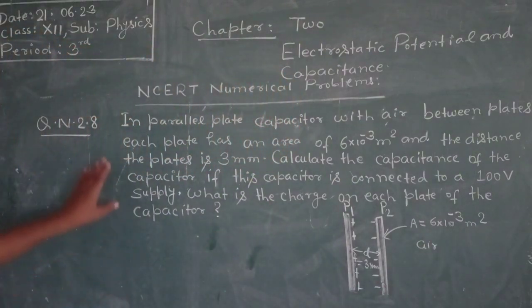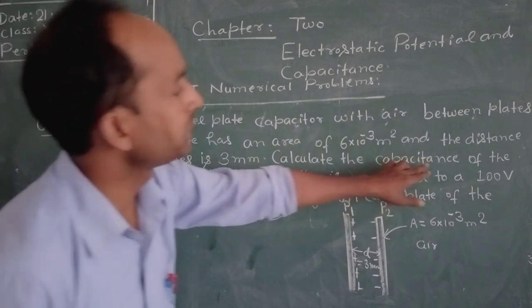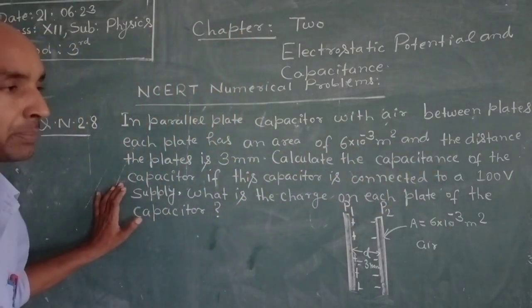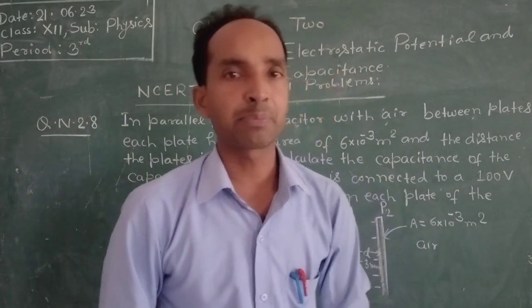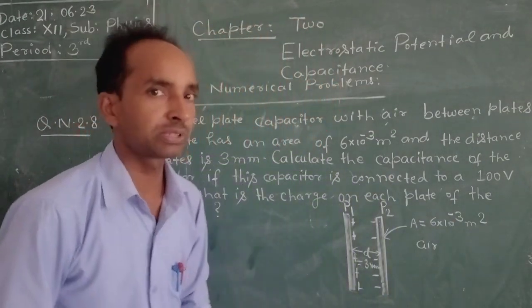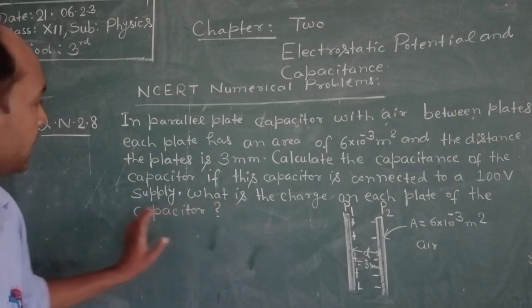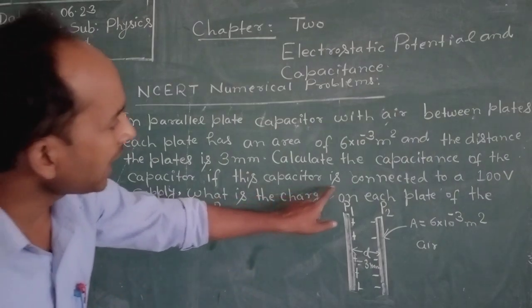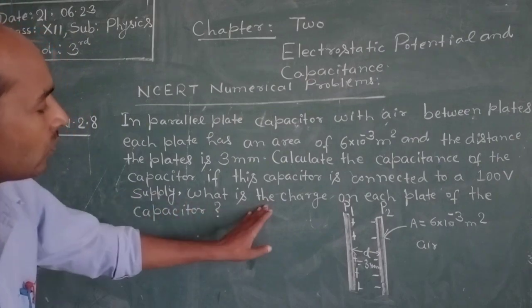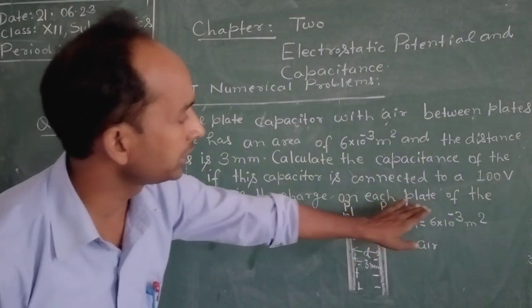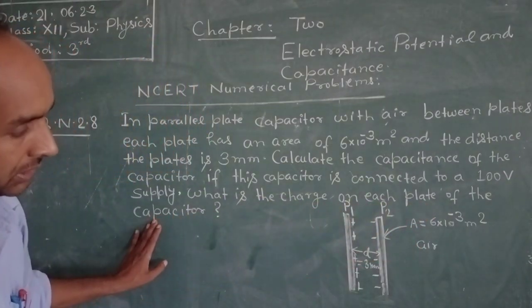Now we have to find the capacitance of this capacitor. First of all we have to find the capacitance. After that, another part is given: if this capacitor is connected to a 100 volt supply, then what is the charge on each plate of the capacitor?